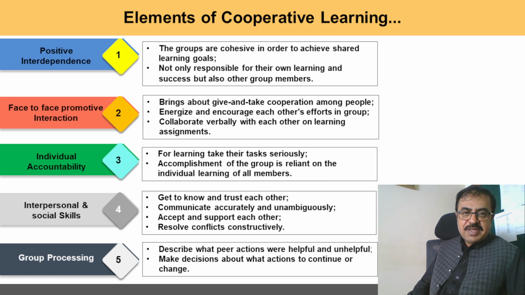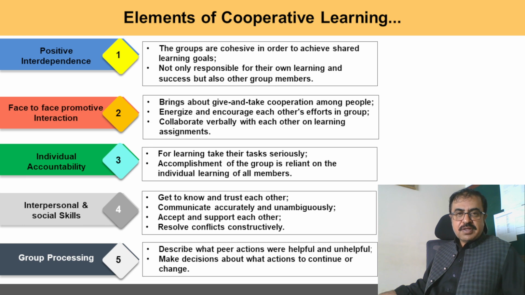They need to describe which actions of each group member were very helpful and which actions were not helpful. So they need to separate those for future learning. They need to make decisions about what actions to continue and what actions to change. These are the 5 elements of cooperative learning.